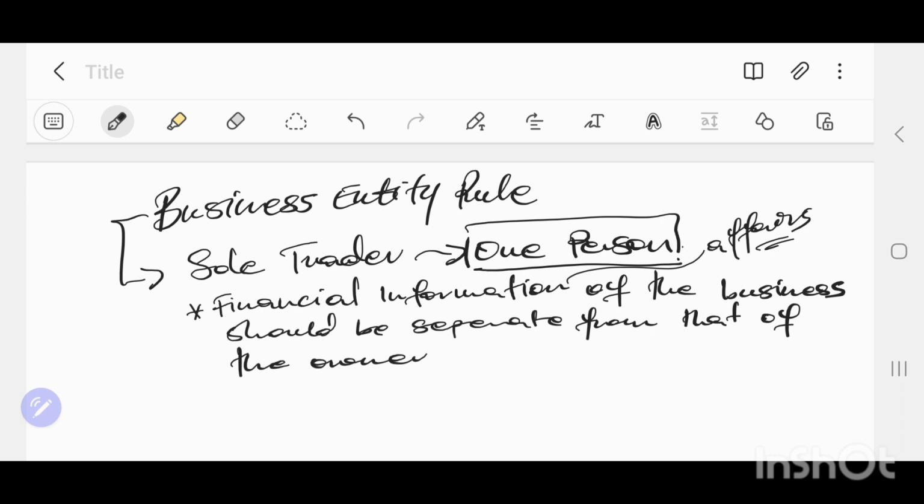And so when the financial affairs of the business and that of the owner are separate, the owner can open a separate bank account for the business, and everything that relates to the business is going to belong to the business, and everything that belongs to the owner is going to belong to the owner. So you should make the distinction between the financial affairs of the business and the ones of the owner.